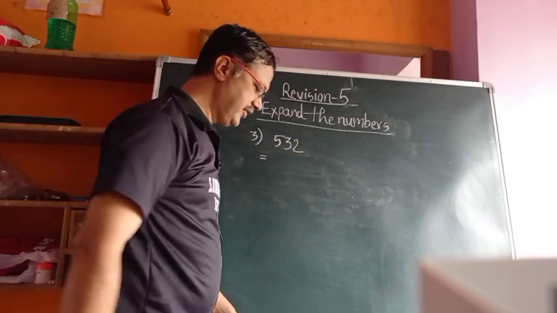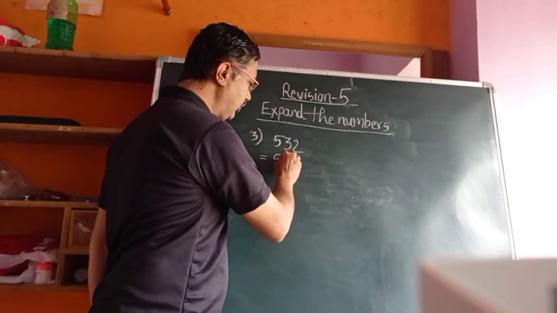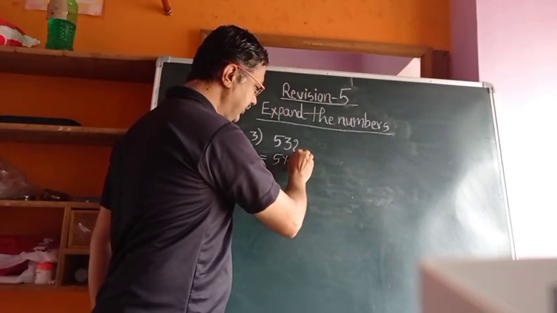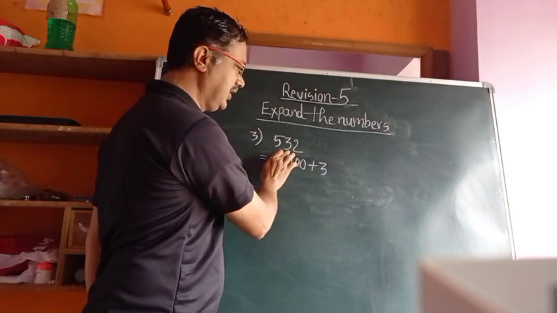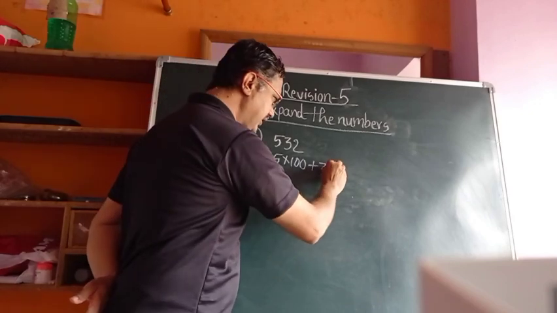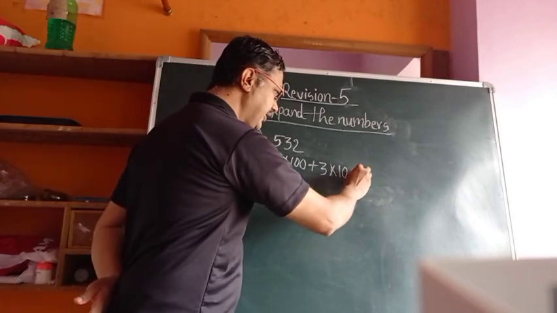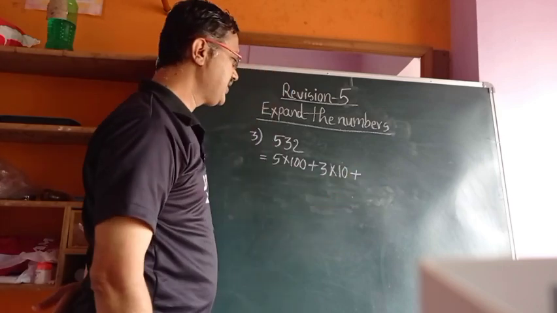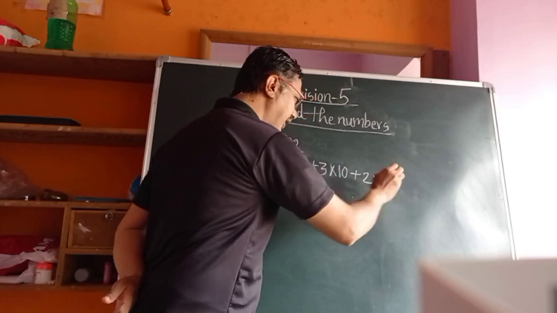In this case, here also, 5 into 100 plus 3 into 10 plus 2 into 1.